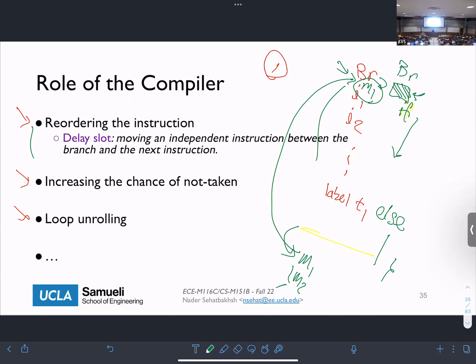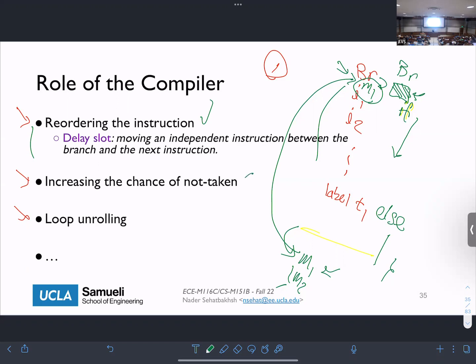In fact, many compilers do this. But it's not guaranteed that we can always find such an instruction, so it doesn't mean we're reducing our miss penalty to 0. Sometimes we can find one, sometimes we cannot, okay?